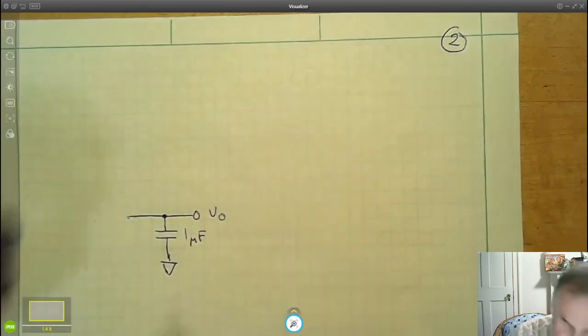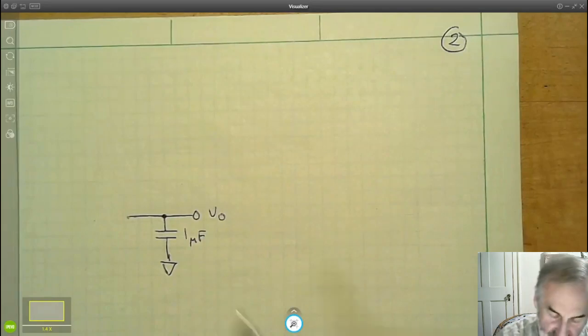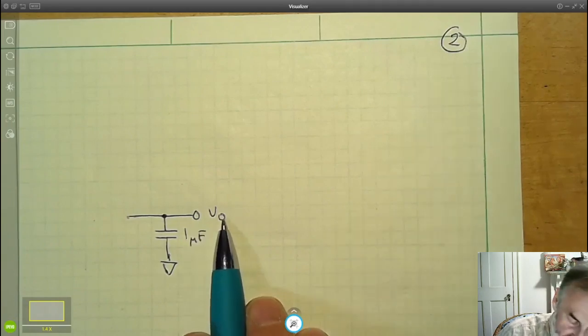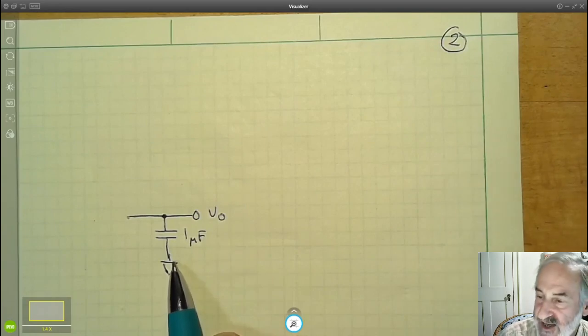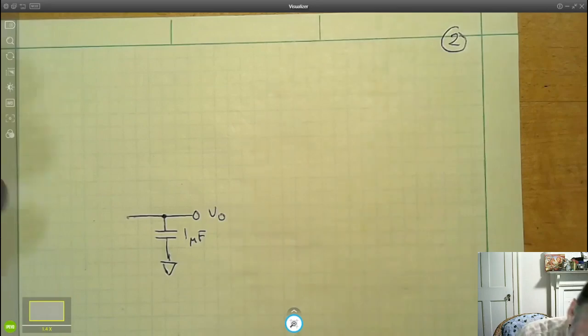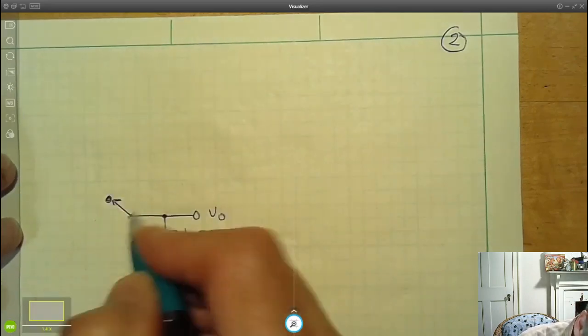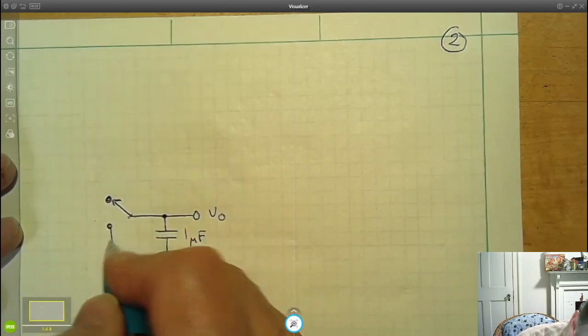We're going to look at the voltage across the capacitor. Of course, when I write V out here, that voltage has to be referenced to something. It's referenced to ground, and I've connected the other end of the capacitor to ground. I'm going to use a switch to select between two current sources.